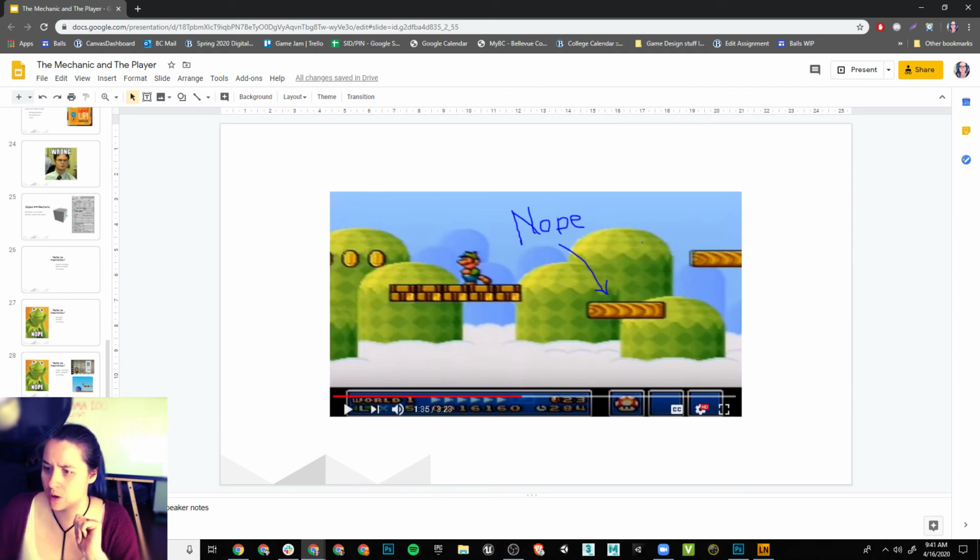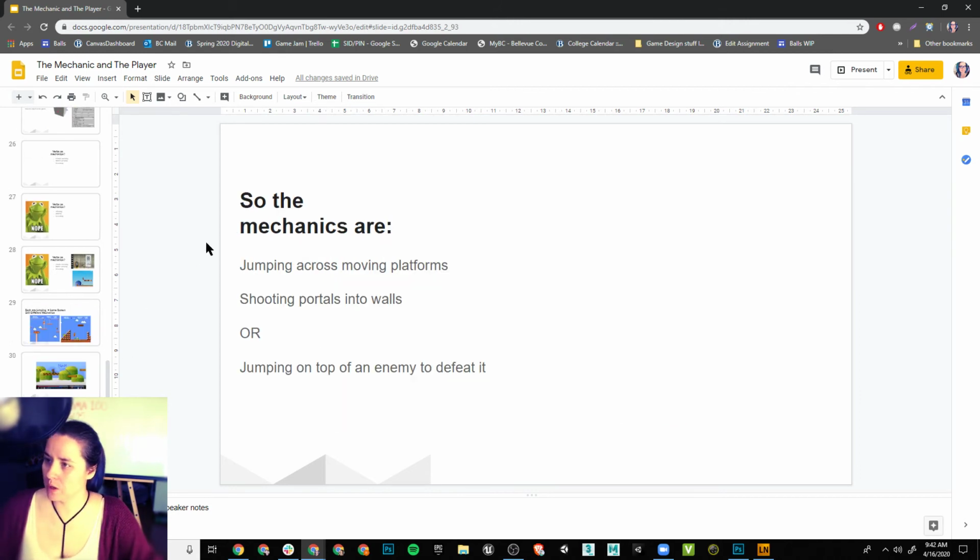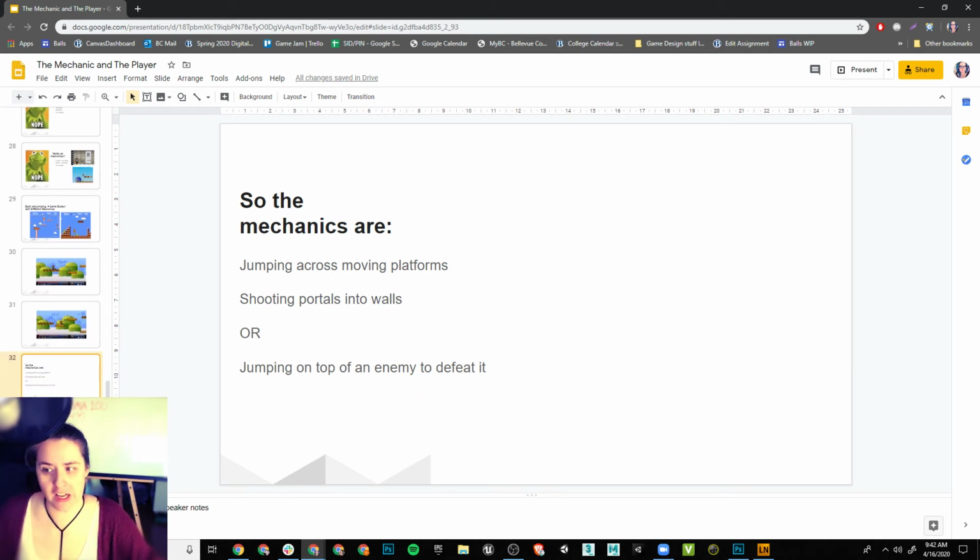Not the platform, not the jumping, but the action of the verb and the object together and the relationship they have. So, the mechanics are jumping across a moving platform, or shooting portals into a wall, or jumping on top of an enemy, in this case to defeat it or survive.